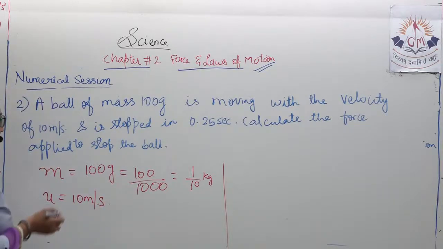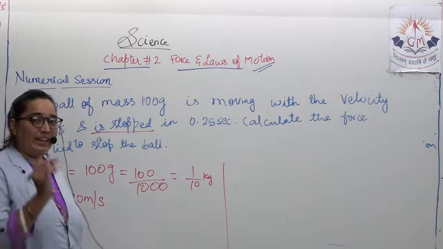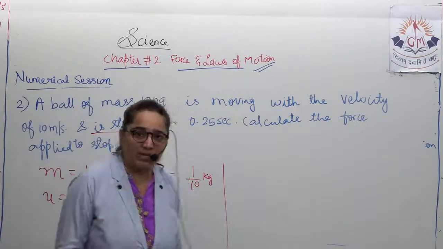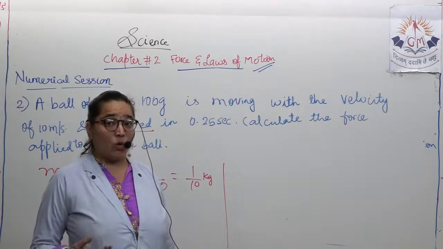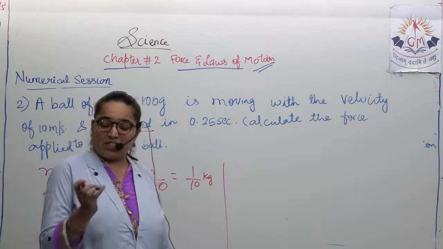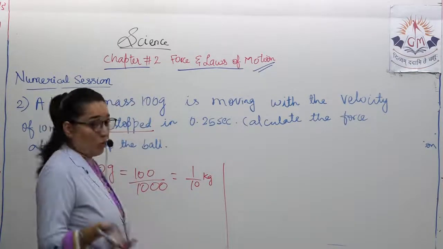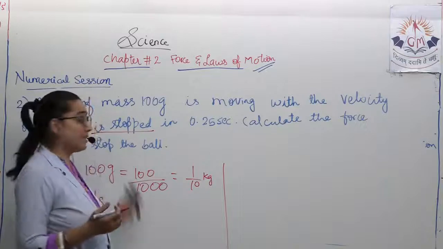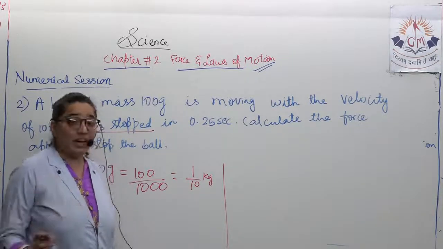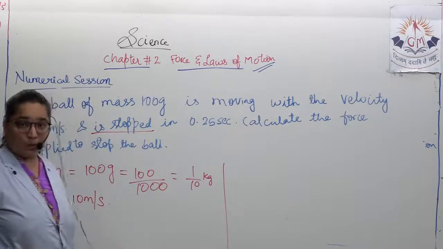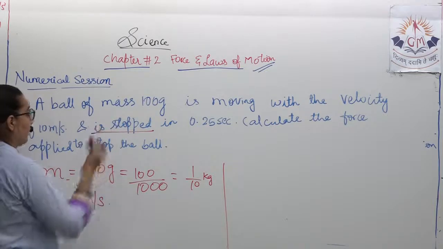Now, see what is the next thing written. It is stopped. When anything is stopped or comes to rest, what does the velocity become? 0. Whenever an object is stationary, comes to rest or is stopped, at that time take the final velocity as 0.